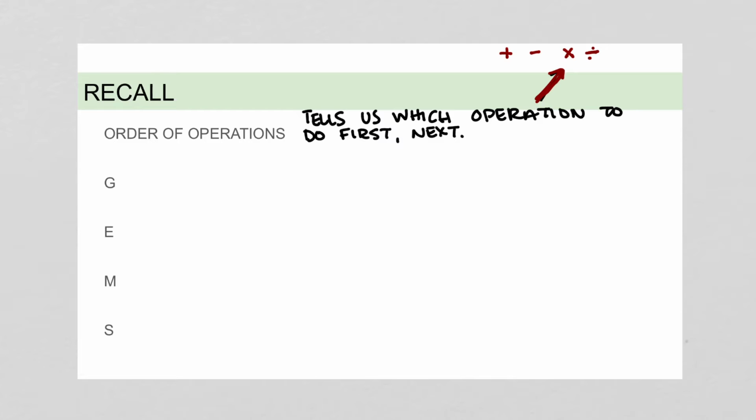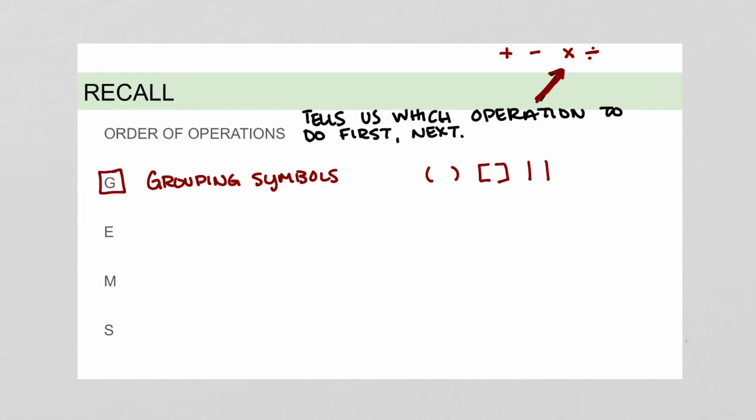So what we've already learned is that our order of operations starts with G, which stands for, when we're simplifying, we're going to do the grouping symbols first. So grouping symbols can be parentheses, they can be brackets, they can be absolute value bars.